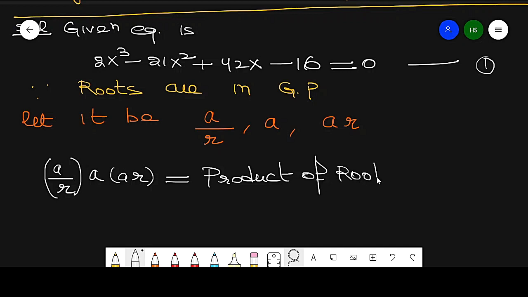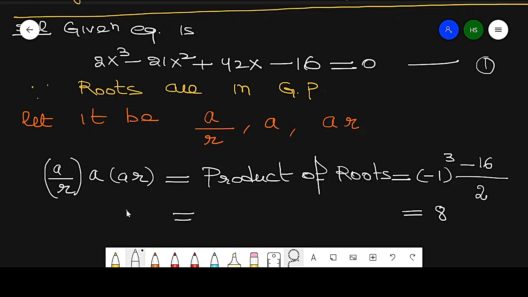Now by using the formula, what is the product of roots? It is minus 1 raised to power 3, where 3 is the power of the cubic equation, and then the constant term, which is minus 16, over the coefficient of x cube, which is 2. So this will become 8.